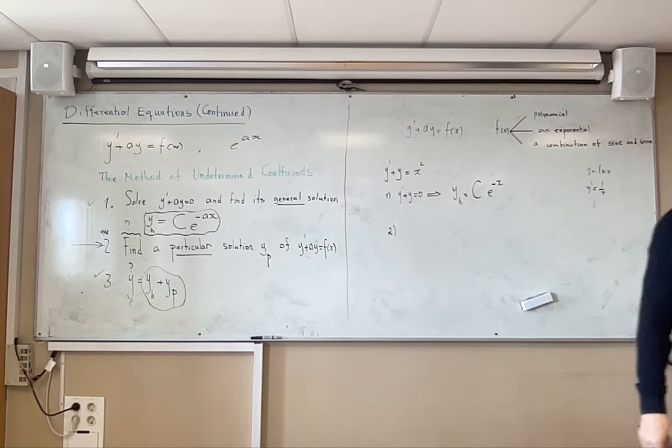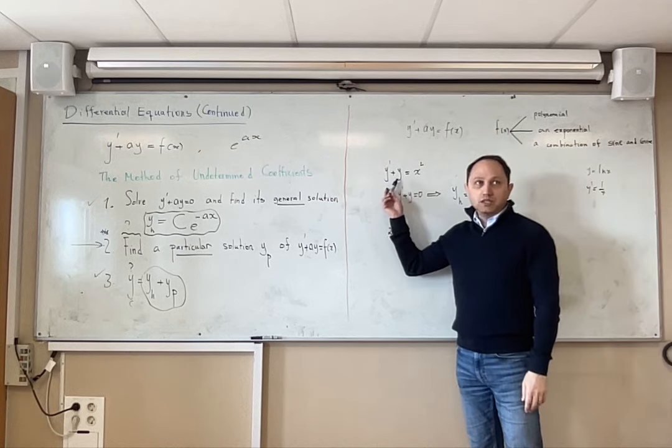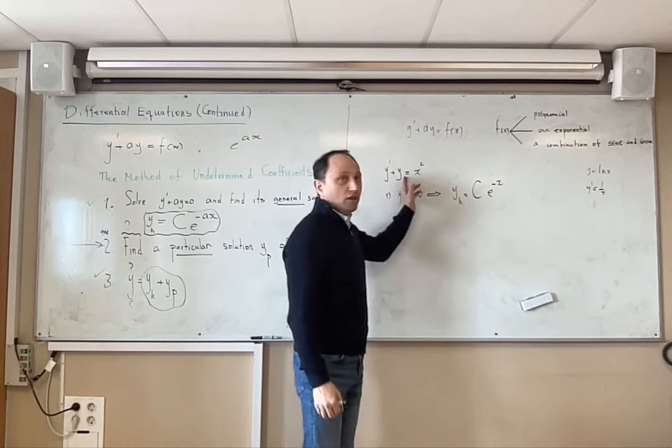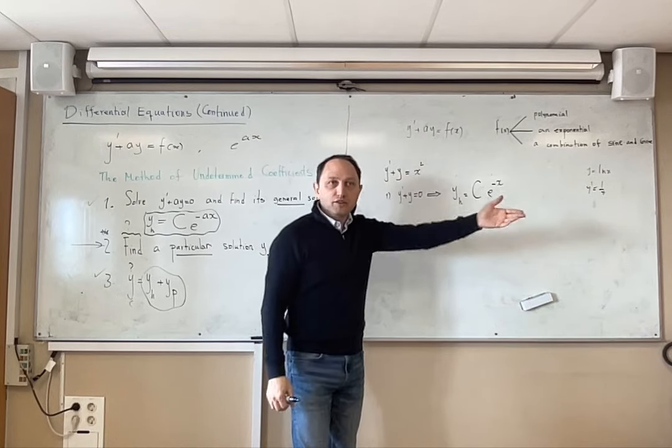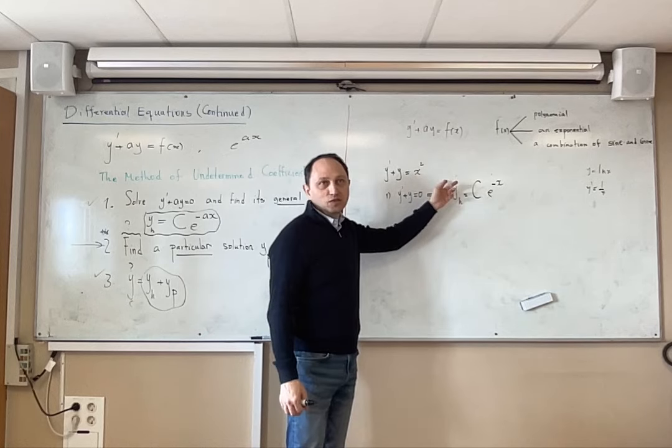So which type of polynomials you are looking for? Second degree or lower. Third degree is also not useful. You know why? Because if you start with a third degree, I agree with you, the derivative becomes second degree. But the second degree plus a third degree becomes again a third degree. But what I see in front of me is a second degree.